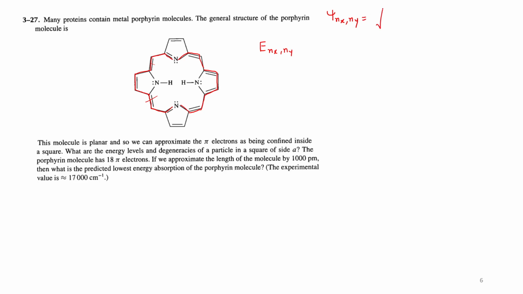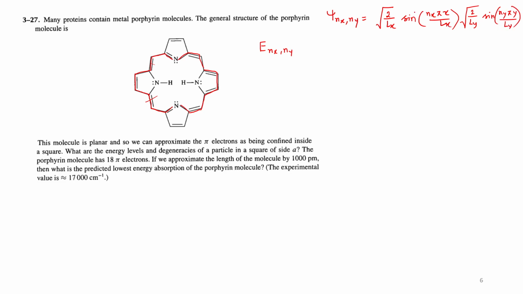It is going to be the product of two one-dimensional problems, one along x and one along y: root of 2 by Lx into sine nx pi x by Lx, multiplied by root of 2 by Ly sine ny pi y by Ly.